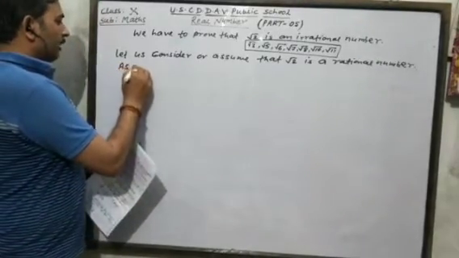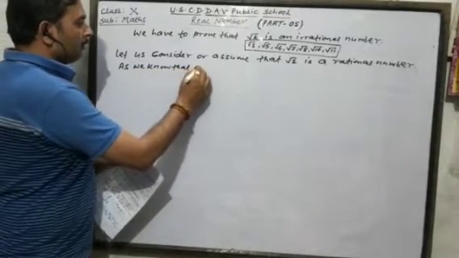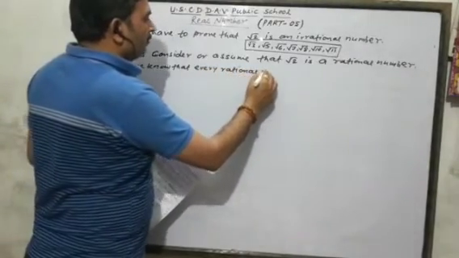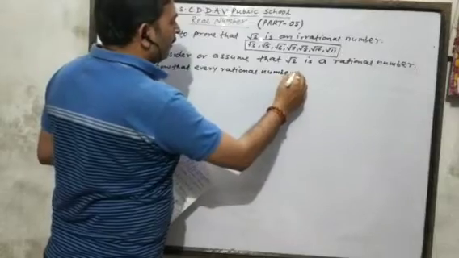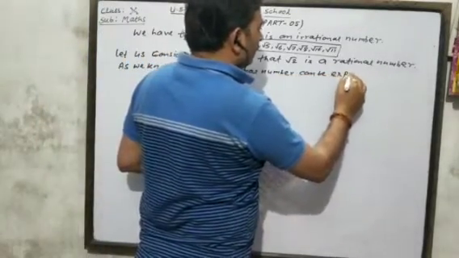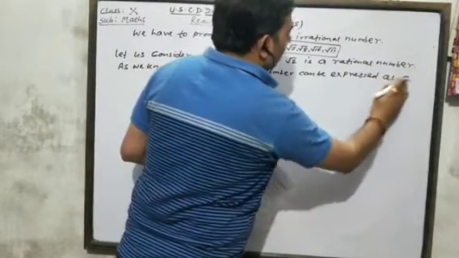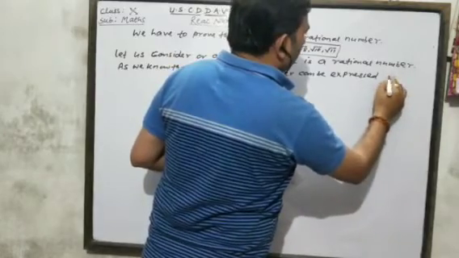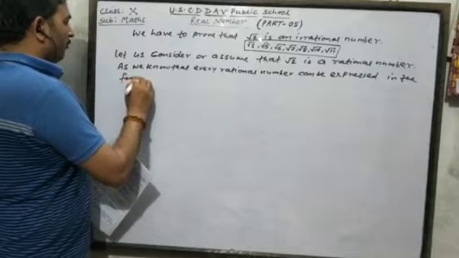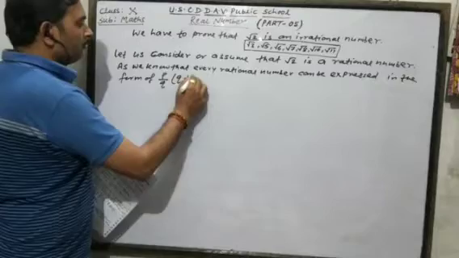As we know that every rational number can be expressed in the form of p by q, where q is not equal to 0.